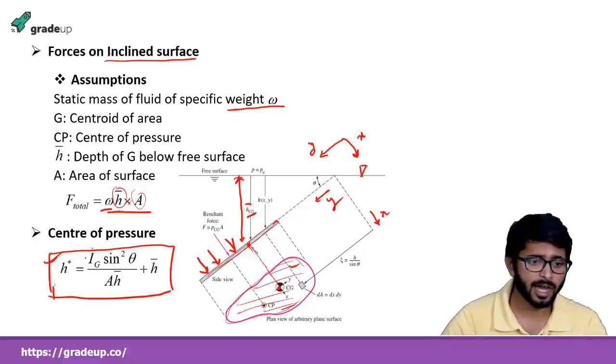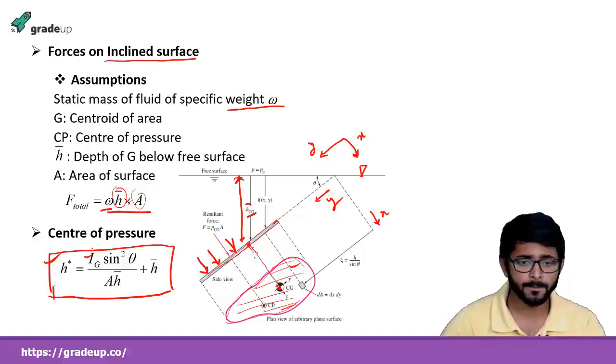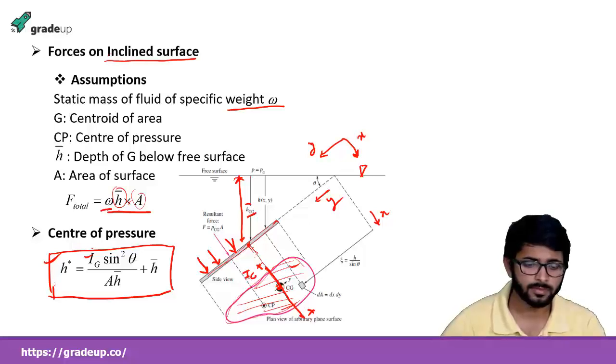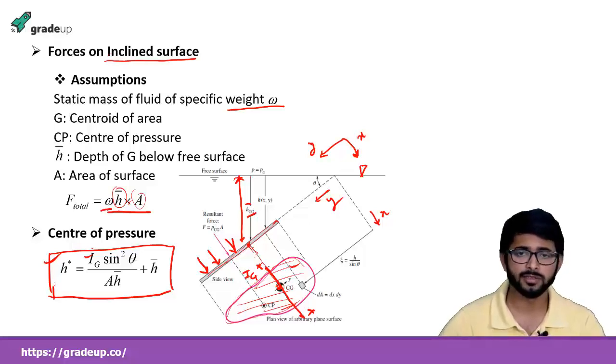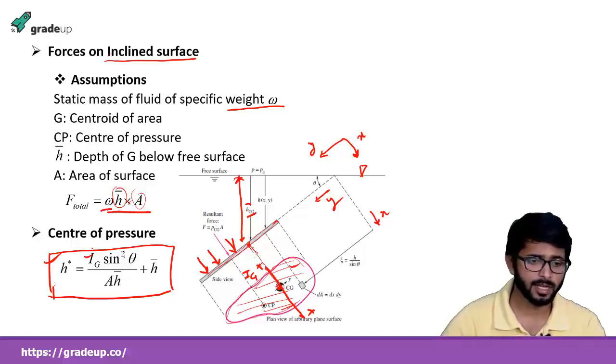Here IG is the area moment of inertia of this body at the center of gravity G. This is passing through the center of gravity along the x-axis. So the x-axis is this direction. The center of gravity of the body is G. The moment of inertia is IG, passing through the center of gravity along the x-axis, times sin square theta.